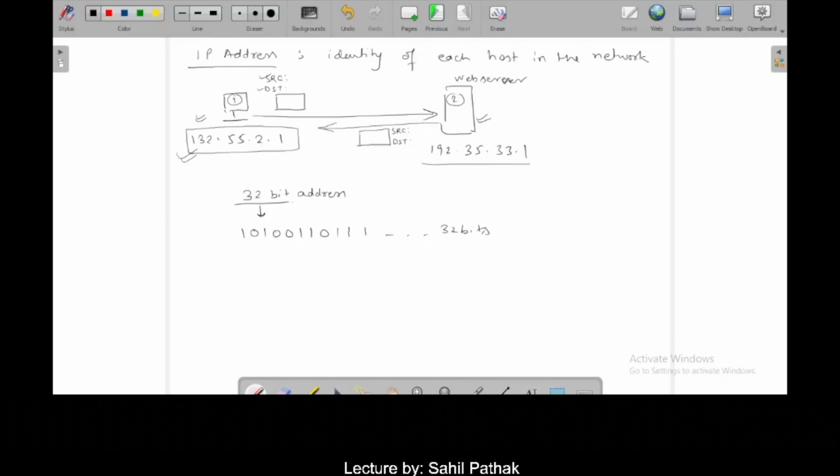But as these 32 bits would be quite difficult to memorize or recognize as a whole sequence, it is divided into 4 octets, chunks of 8 bits each.